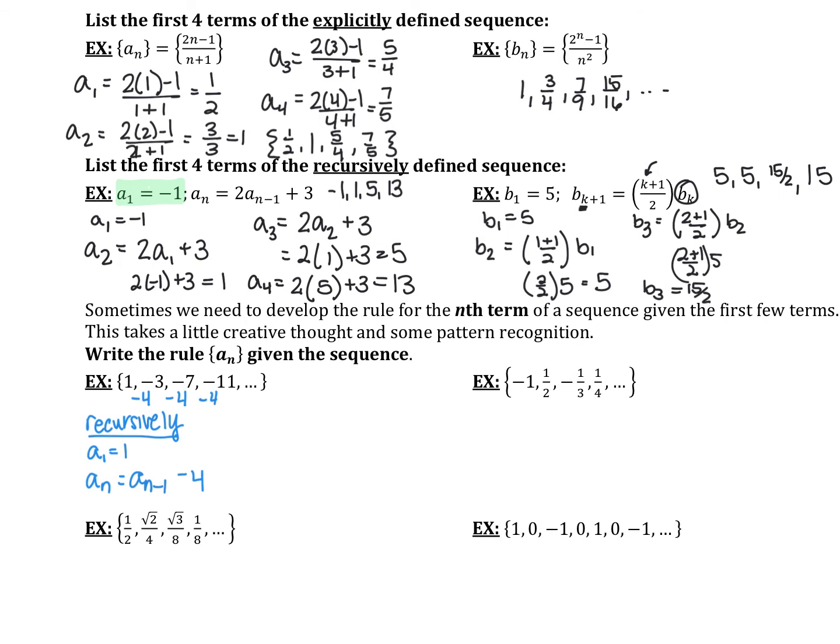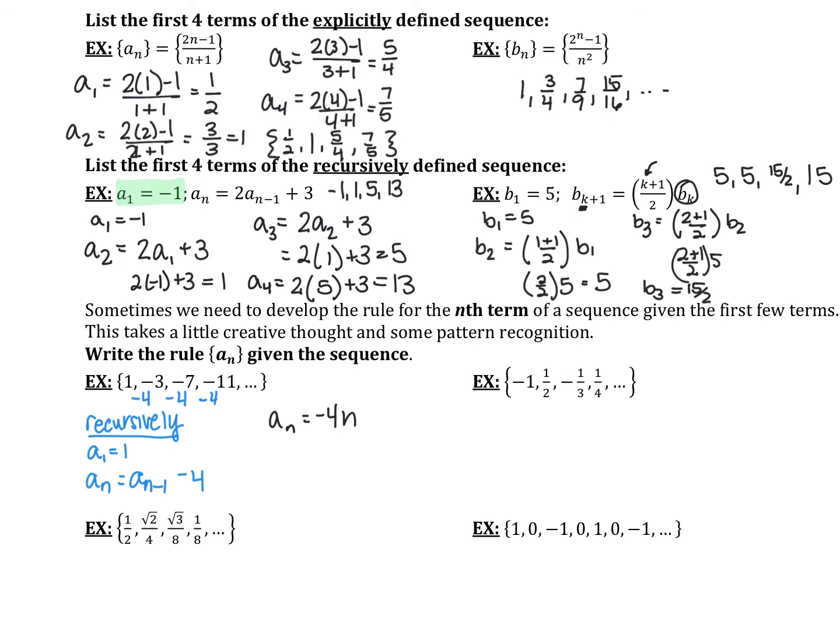My case is -4. So think linear for a second. This is like having a slope of -4. So my equation might look something like this: a sub n equals -4 times n, meaning each time I'm going to increase it by a -4.